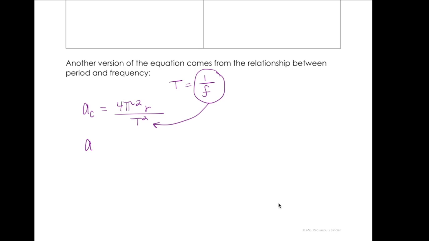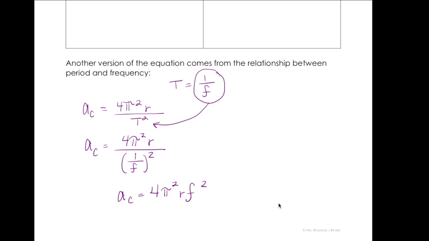So we would get AC equals 4 pi squared r divided by the inverse of frequency squared. So then whenever we simplify that equation, we get that AC equals 4 pi squared r f squared.